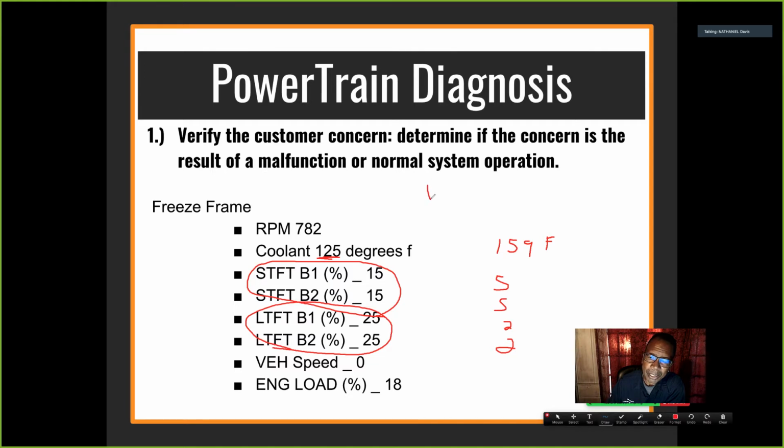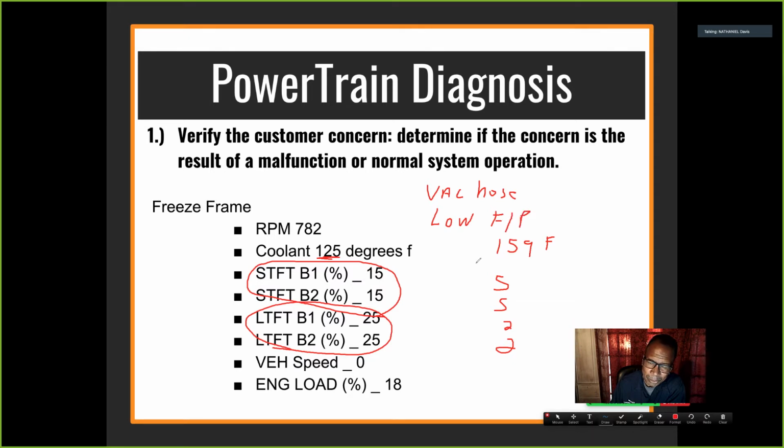A vacuum hose. Let me write this out. Low fuel pressure. I'm going to put this on my iPad soon.